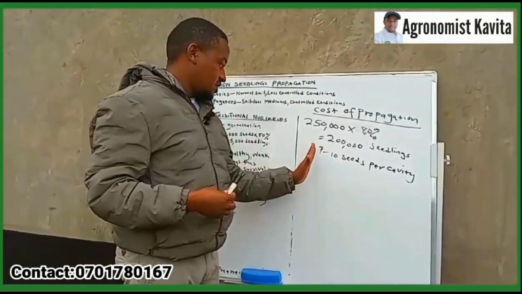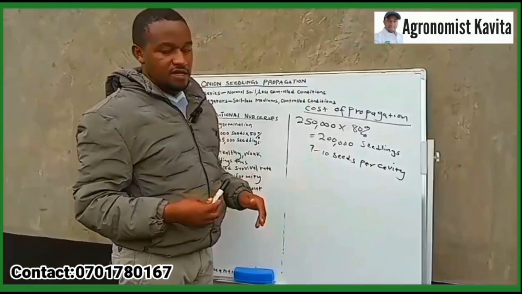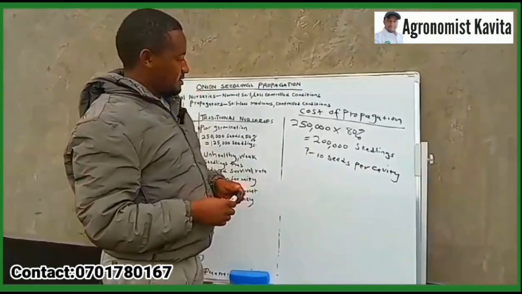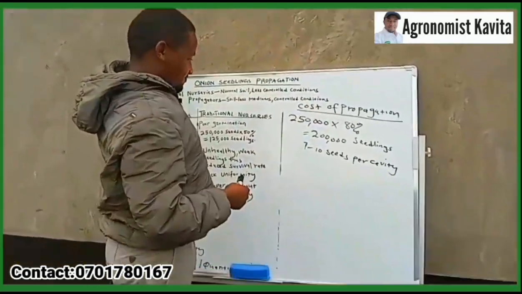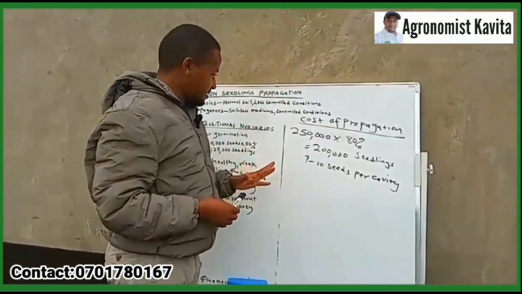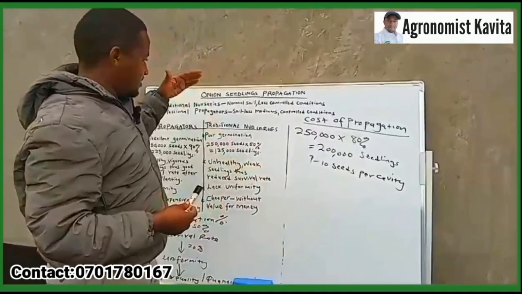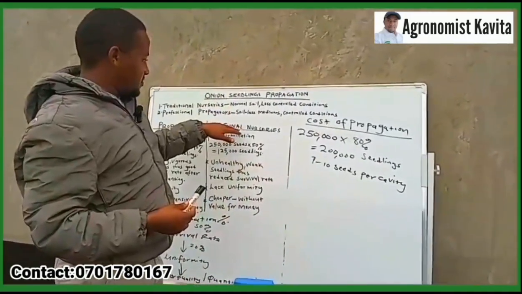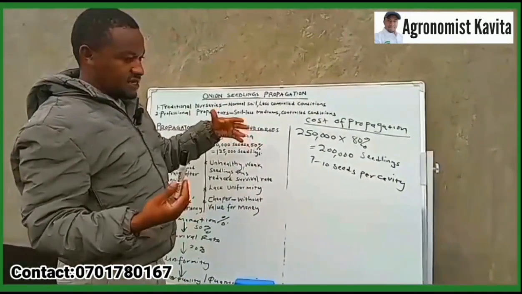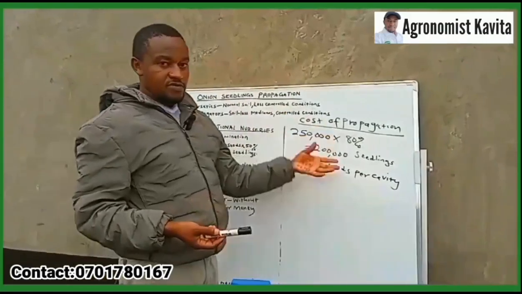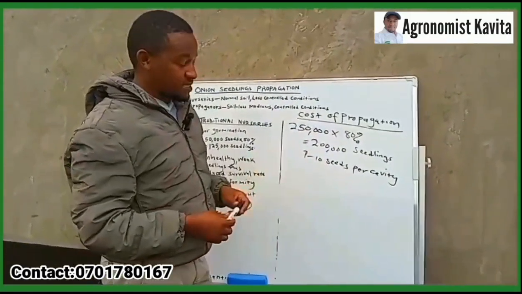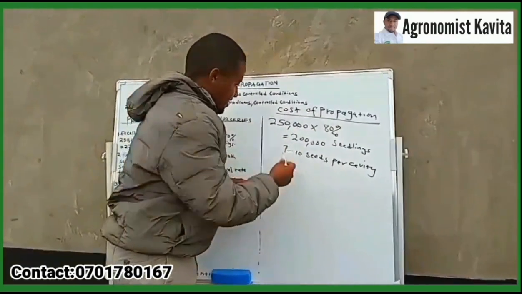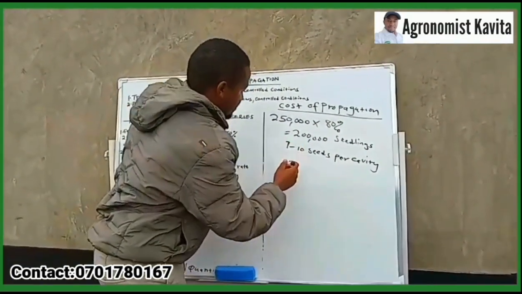Just settle at either 7 or 8 seeds, because the same factors that affect seedling quality in traditional nurseries, like overcrowding and population, we also have them, because it's still a crop regardless. So for our case, let's use 7.